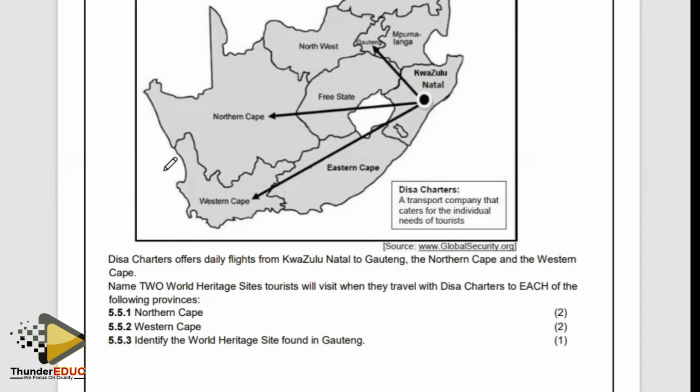So when they visit the Northern Cape, obviously, they'll come across the Komani cultural landscape. Then there's also the Richtersveld botanical and cultural landscape.